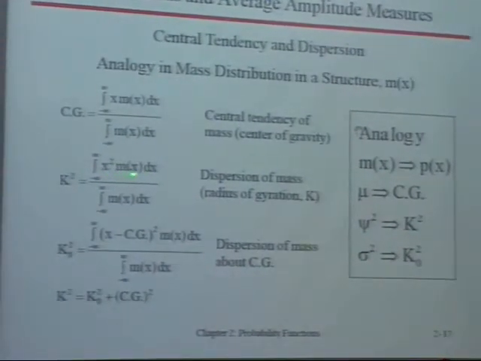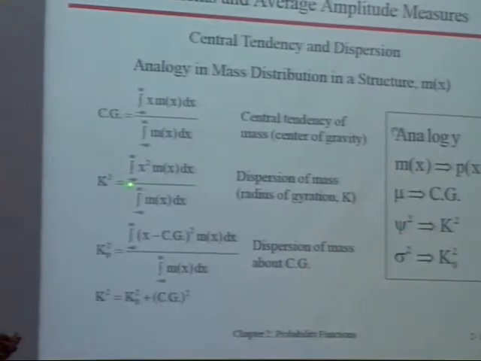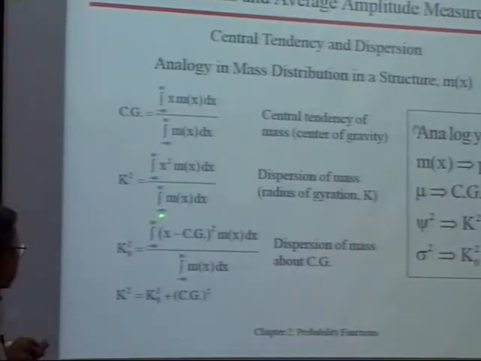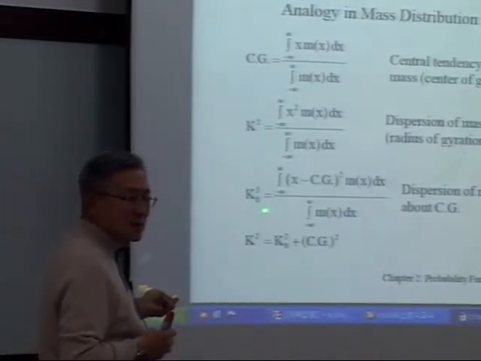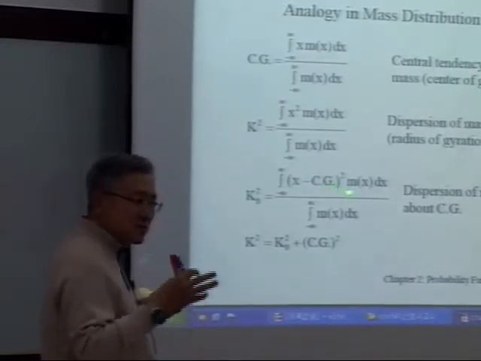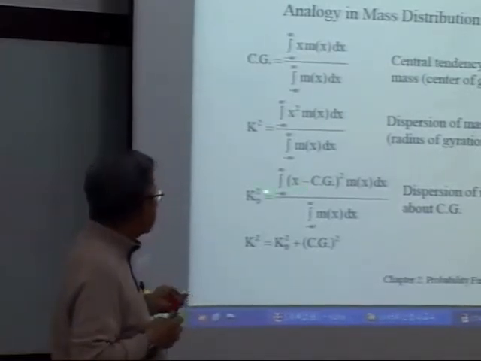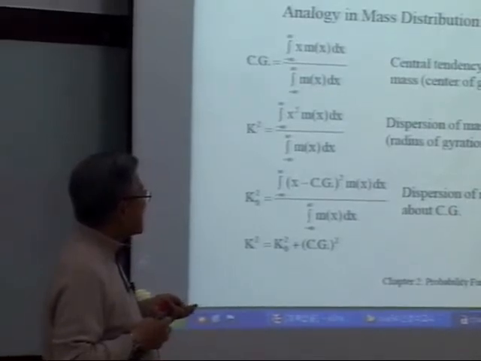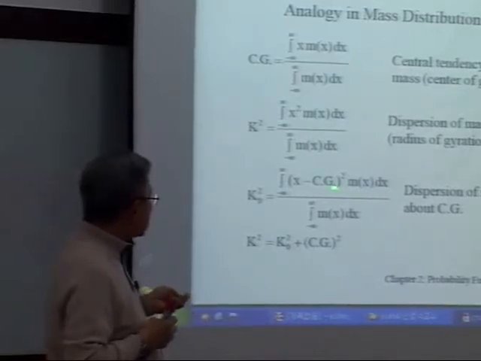You see? First you compute the mean here. Then you compute the mean square value. And what does this look like? It's a variance. Minus CG. Dispersion about the CG, the mean. This K naught is related to sigma square. This is about the CG.